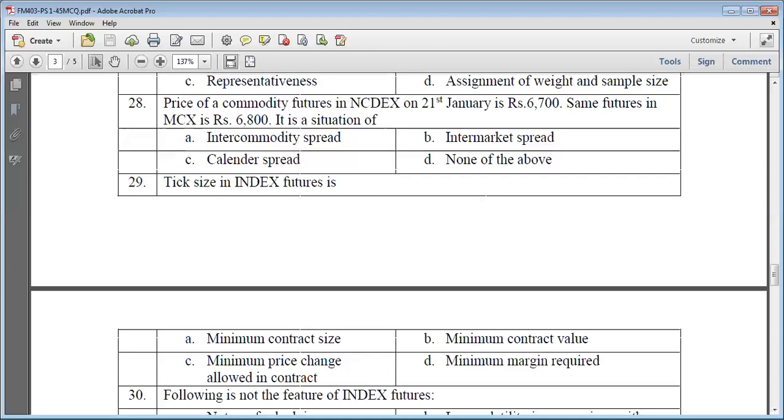Only if that change occurs, then it will be considered as change in the futures price, and that will be reflected in the market. So the size of the change that will be considered as change in the futures market is called fixed size. So C, that means minimum price change allowed in the contract, is the correct option.